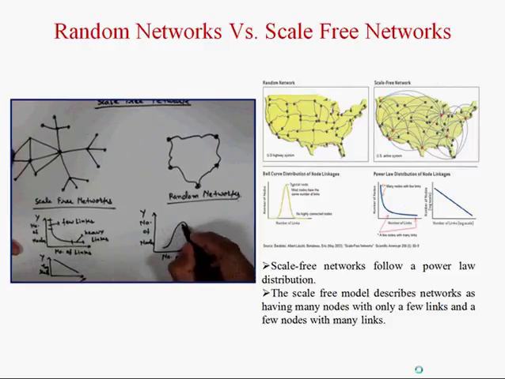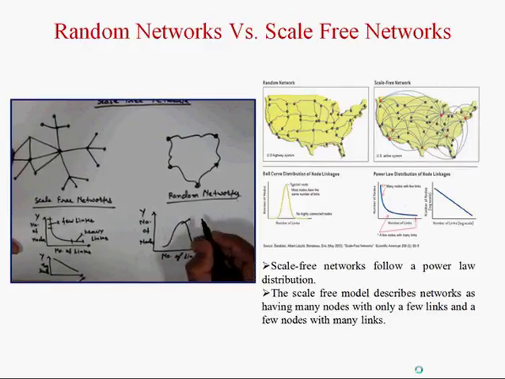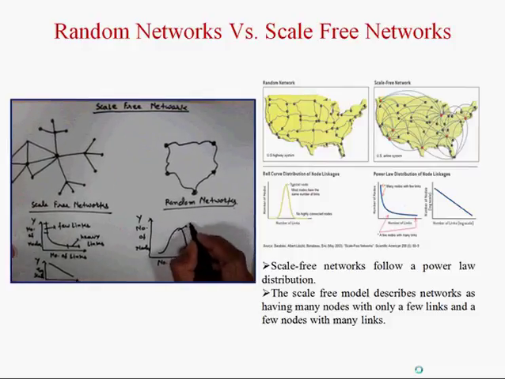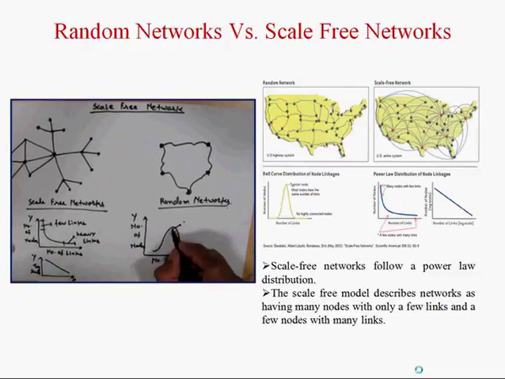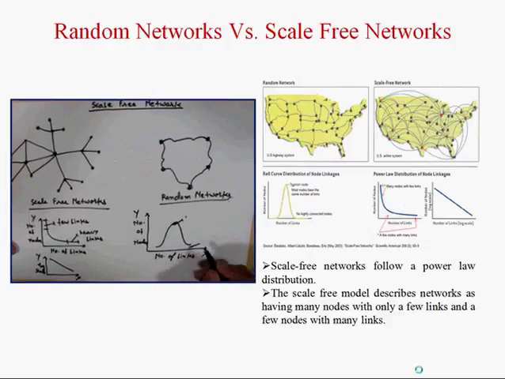This portion will show some typical nodes. Most of the nodes have the same number of links in this portion, and in this portion we will get no highly connected nodes.